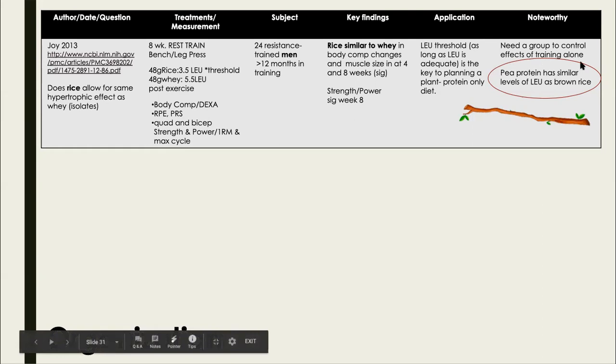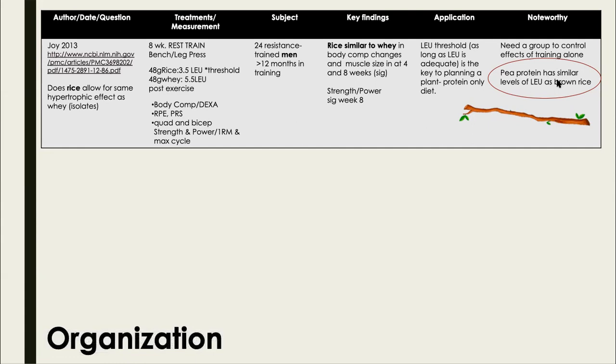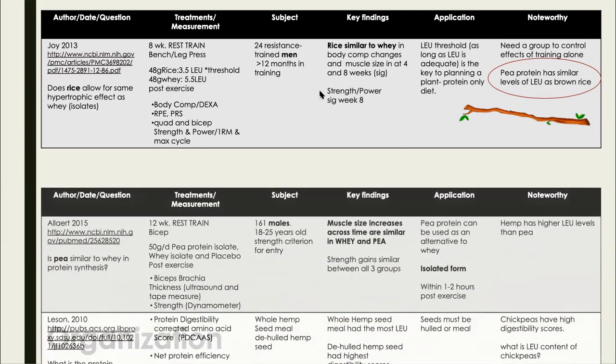As for the notes, they needed a control group because they didn't look at training alone without any protein supplementation. What's really important that they found is that pea protein has similar levels of leucine as brown rice. So you could deduce from this that pea protein would get similar results.